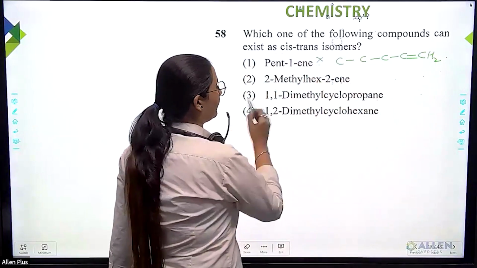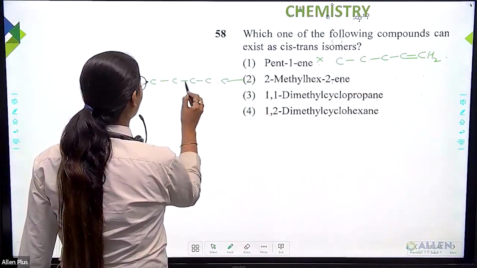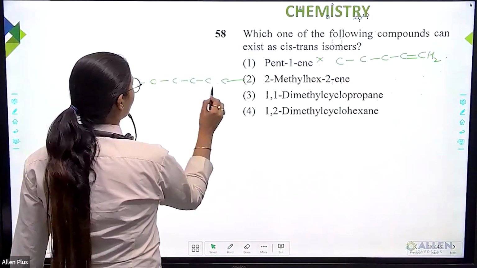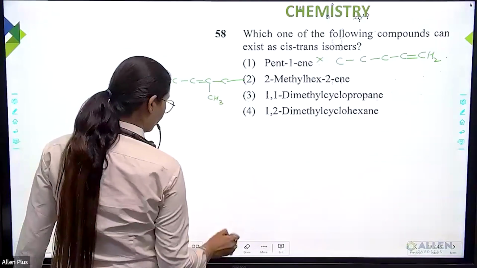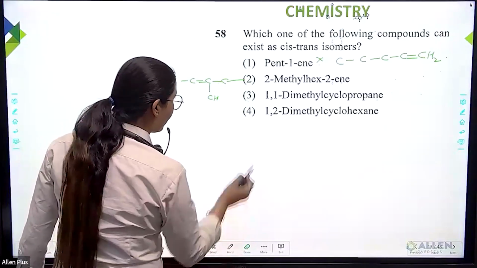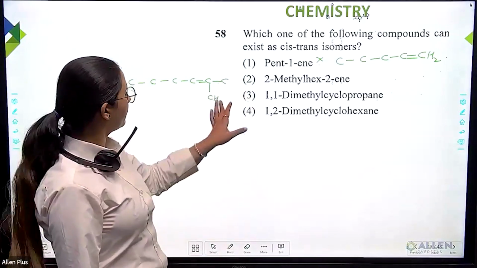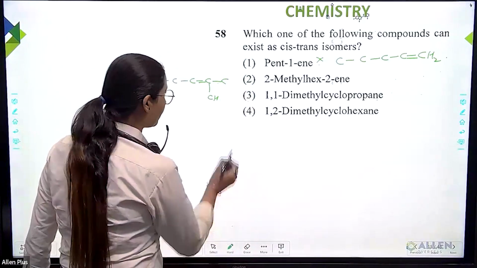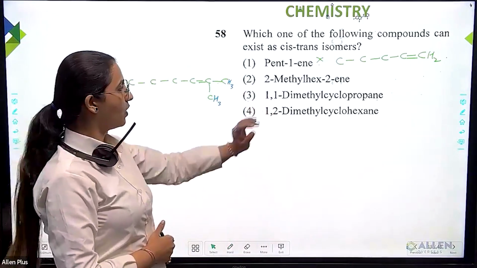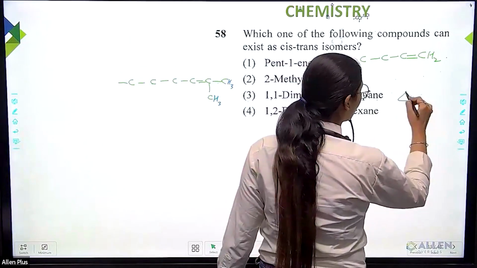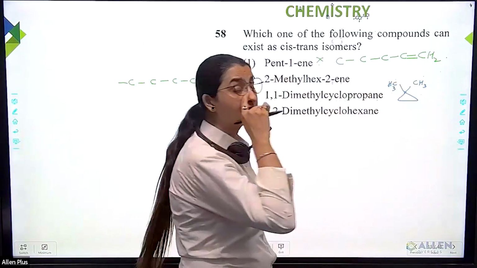No. Next, if I have 2-methyl hex-2-ene, 1, 2, 3, 4, 5, 6, 2-methyl hex-2-ene. Will this show, students? Yes, no? No. This carbon has both groups same. See, CH3, CH3 present. Will this show? No. Next, 1,1-dimethyl cyclopropane. Both methyl groups are, students, on the same carbon.